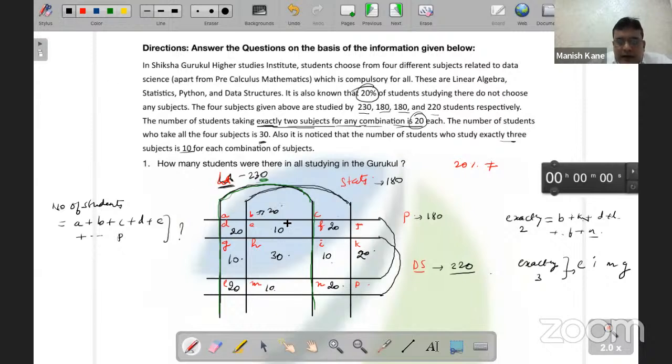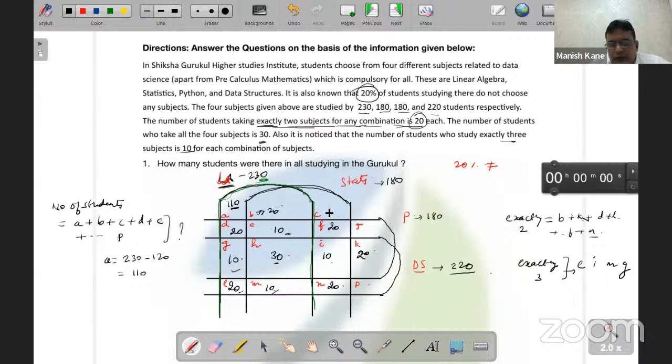So let us add 20, 20, 40, plus 10, 50, plus 10, 60, 90, 110, 120. Is the calculation correct? Yes. So A must be 230 minus 120, which is 110, the value of A.